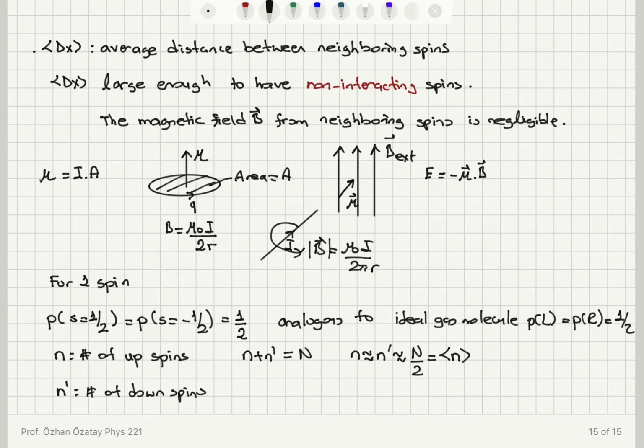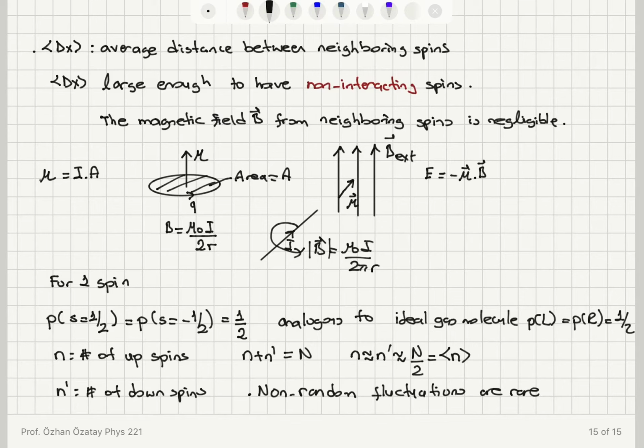Okay, so what is the probability of having all of these spins up or all of these spins down? That would be a very non-random configuration, analogous to the case of having all gas molecules on the left or on the right due to a spontaneous fluctuation being very unlikely. We have in this situation also non-random fluctuations are rare.